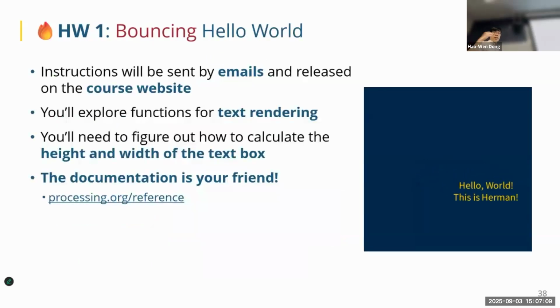So in homework one, you basically just do it, but now you are moving a text box rather than a ball. So the tricky part is to sort of figure it out through the documentation, but I guess mostly from the instruction, you will likely get all the functions you need, but you just need to go into the documentation to get yourself familiar with how to read or access the documentation, so that you can find the size of the text rendering.